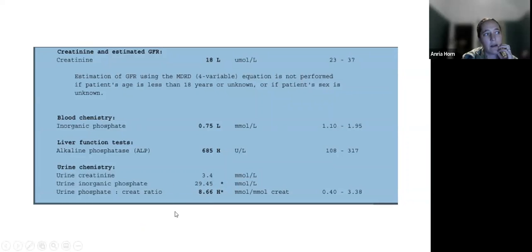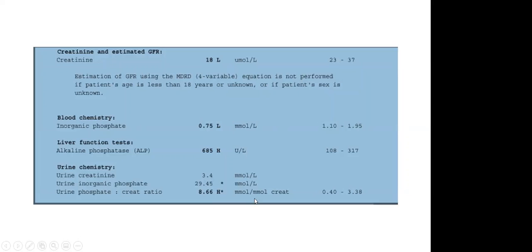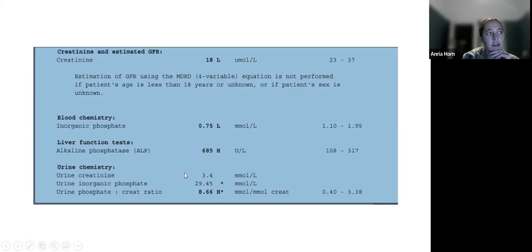So the inorganic phosphate in the urine and the phosphate to creatinine ratio is raised. So most likely hypophosphatemic rickets. Yes, exactly. So she has familial vitamin D resistant hypophosphatemic rickets. It's X-linked dominant inheritance. She was a spontaneous mutation, however.